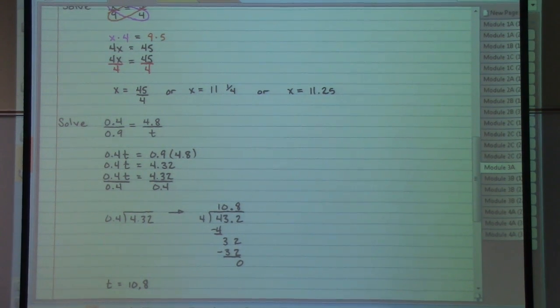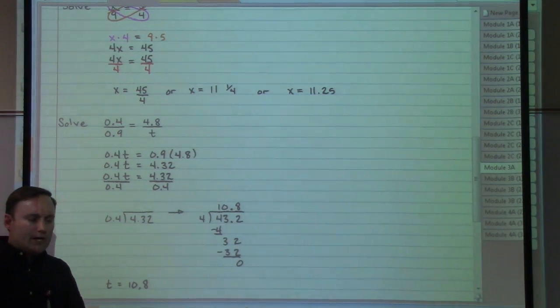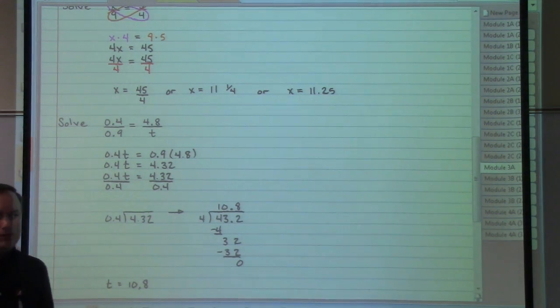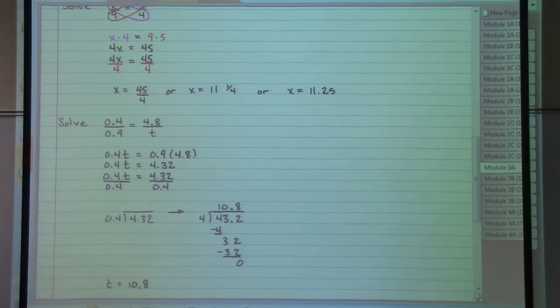All well and good, but not necessarily super awesome until we actually bring this idea into the word problems that would involve ratios. So again, we could have ratios like the ones that we mentioned earlier: unit price, speed, pressure, miles per gallon, or fuel efficiency, or anything else that might be presented in a problem.